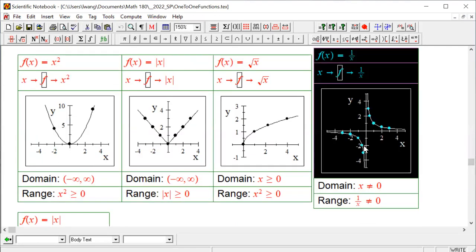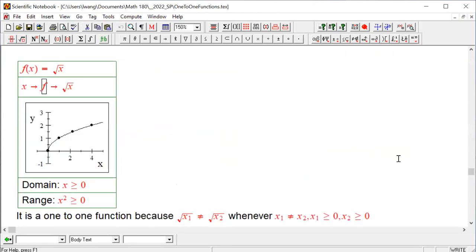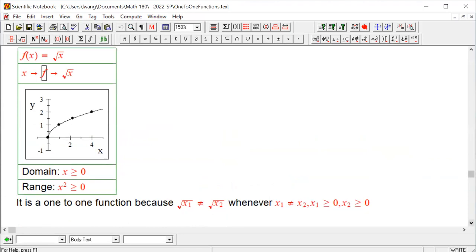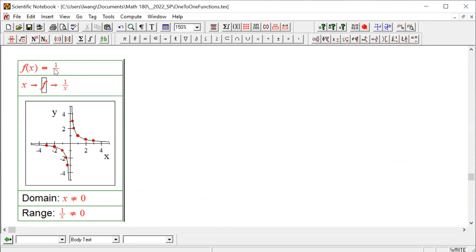Okay, so one more, this last one. Is this function one-to-one?